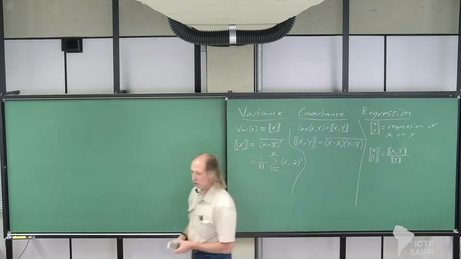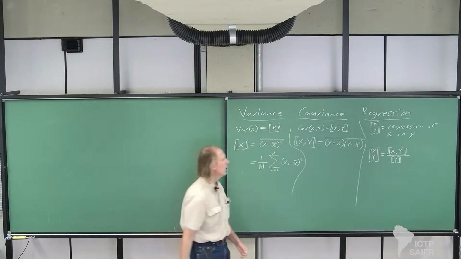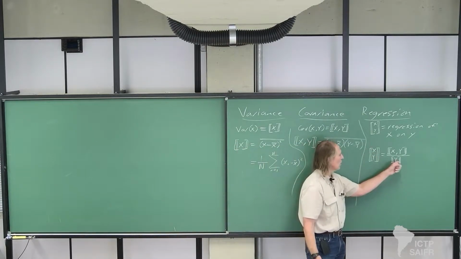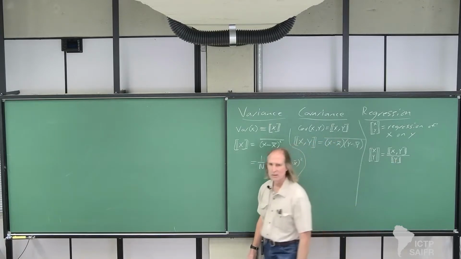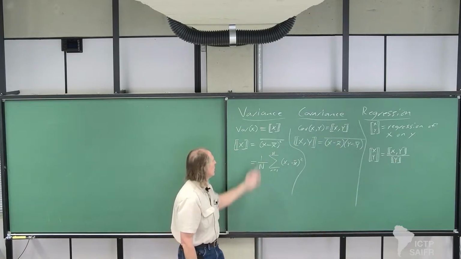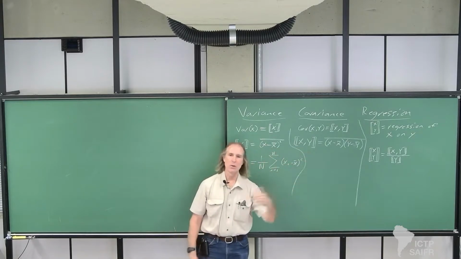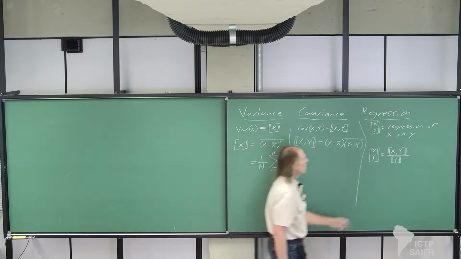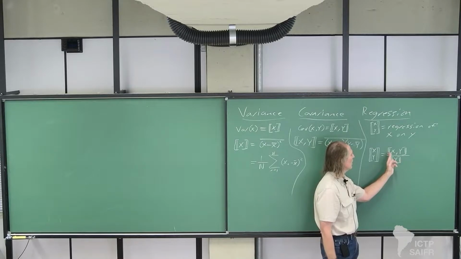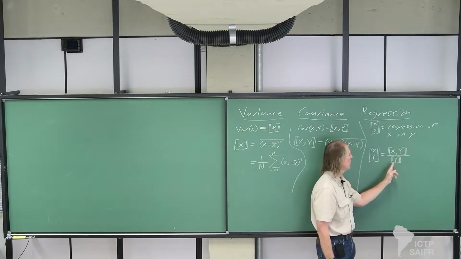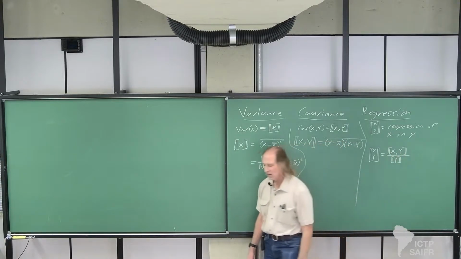Okay. So when you regress on something, you're regressing on the thing that you're putting the variance down there. Variance, of course, is the same as the covariance of something with itself. So this is a covariance of x and y divided by the covariance of y with itself.